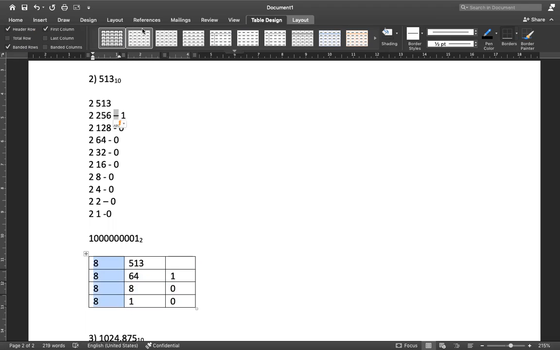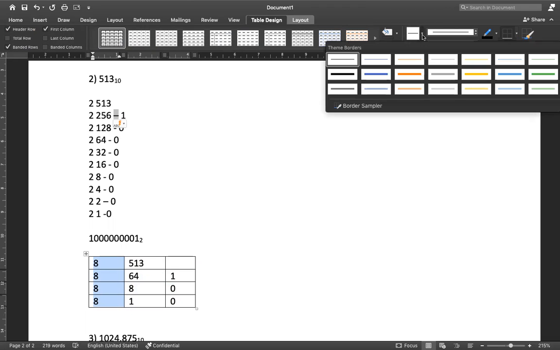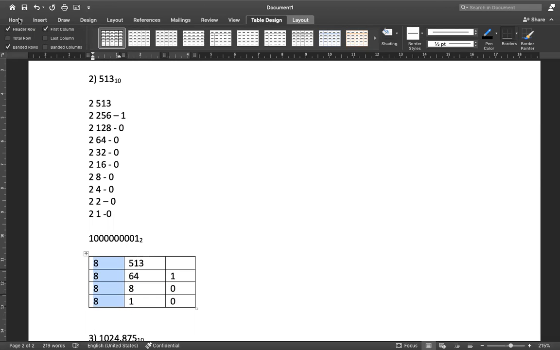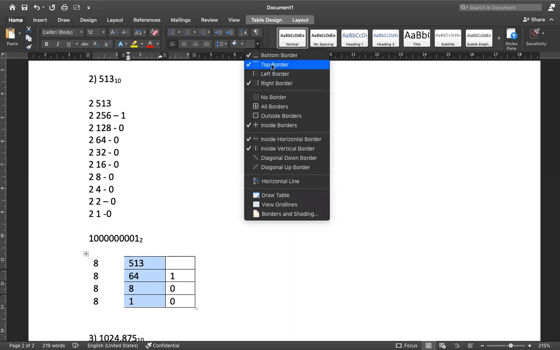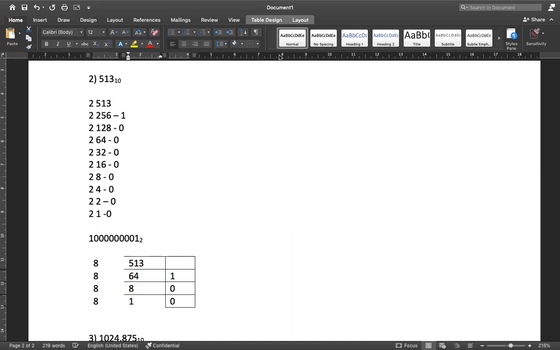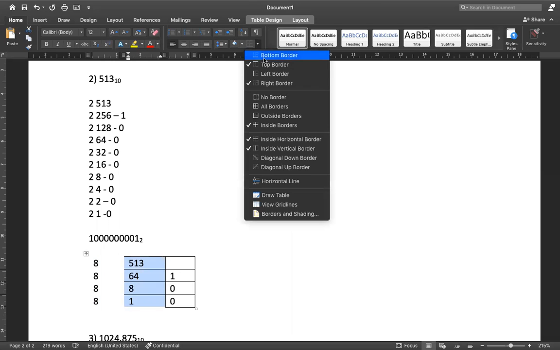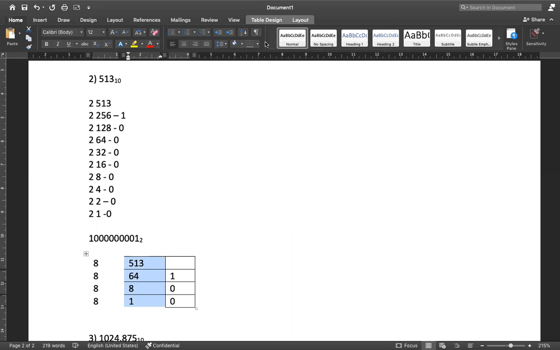Let's remove borders in this section. Border style. Okay, now let's go to home. Remove all the borders. No borders. And here also, top border, bottom border only, and the left border.